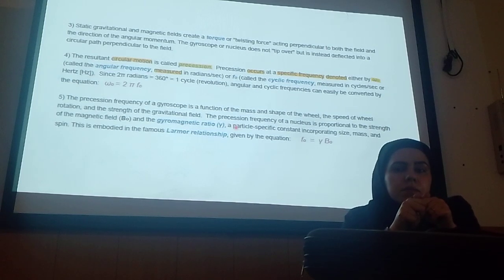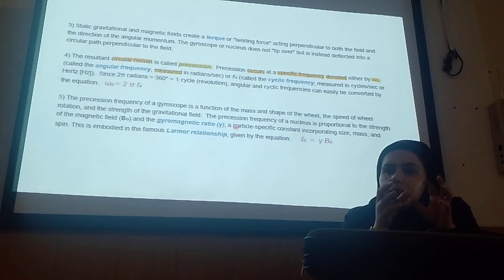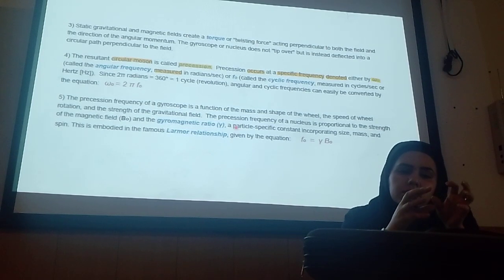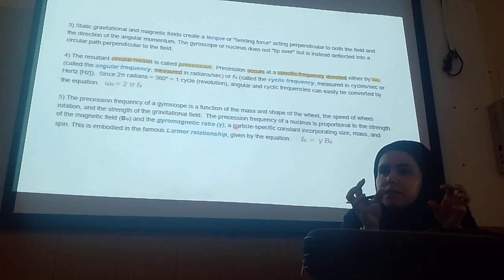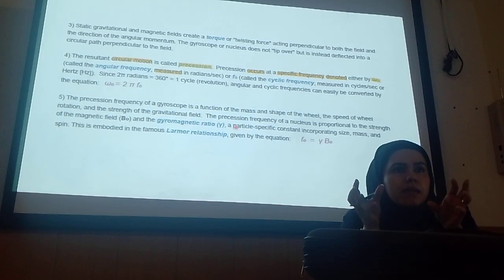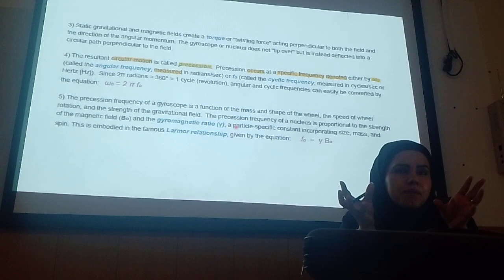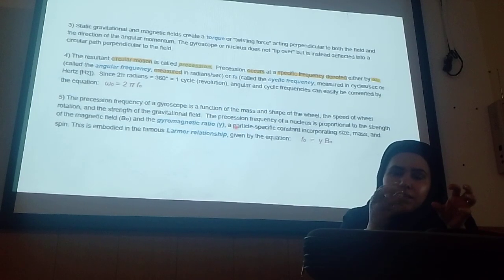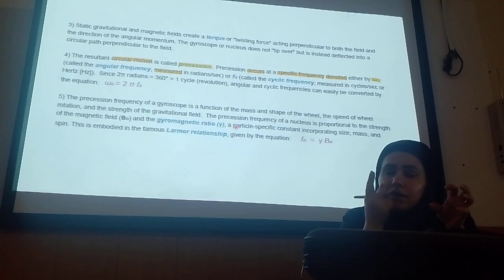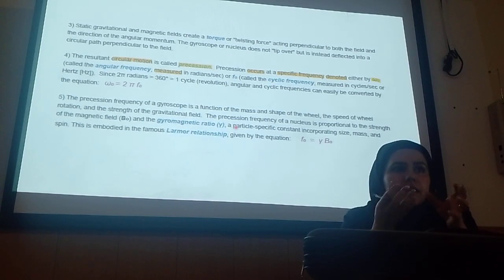In some cases, to discriminate between a malignant or benign tumor, we use magnetic resonance spectroscopy. Because in these two situations, the precession frequencies of the hydrogen may be different.